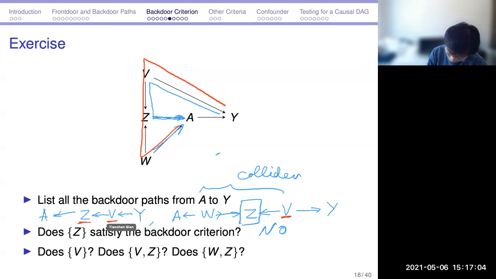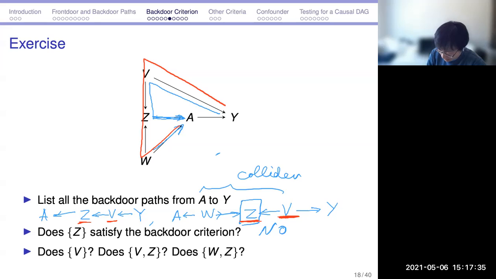If we condition on both of these, of course it blocks this path. And on the right, we condition on both V and Z. This is a situation that we have seen before. Although we have a collider, because we are blocking this entire path by this other variable in a chain or a fork, it doesn't matter if you're also conditioning on the collider or not, because the information flow is blocked by this V here.